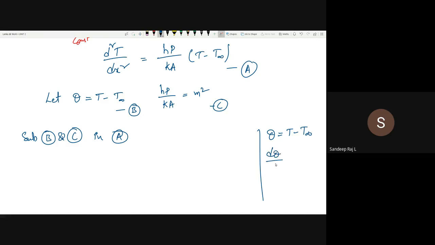If I do d theta by dx, it will be simply dT by dx. If I differentiate it again, d square theta by dx square is equal to d square T by dx square.